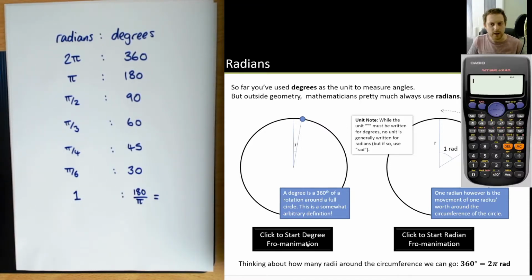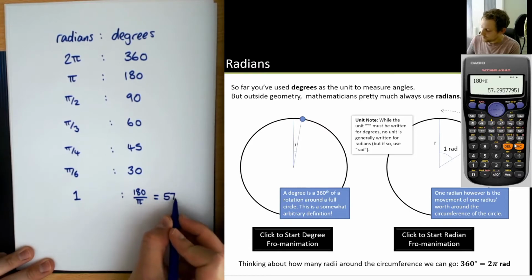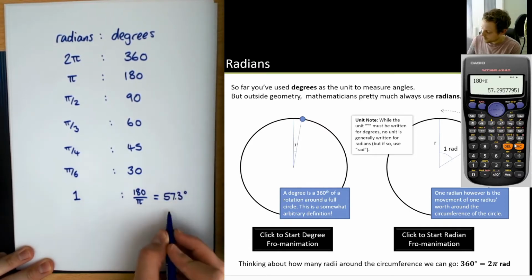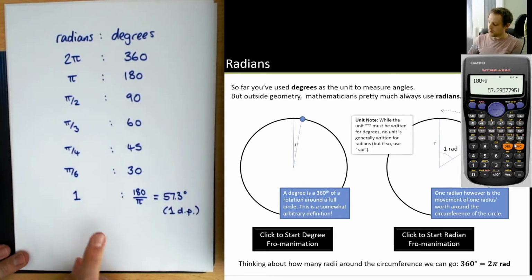Now I'll bring the calculator up and do 180 divided by pi. So it's about 57.3 degrees to 1 decimal place. So 1 radian is 57.3 degrees to 1 decimal place.